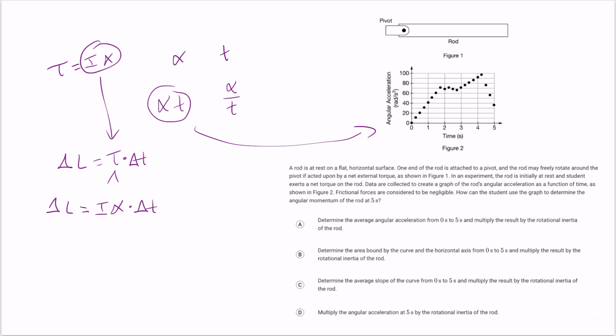That said, if we do that, we have everything in this equation except for I, so we're just missing a factor of I. So let's see if knowing that information gives us the right answer. Option A says determine the average angular acceleration from 0 to 5. Nope. B says determine the area bound by the curve and multiply it by the inertia of the rod. That's exactly what this equation is saying.